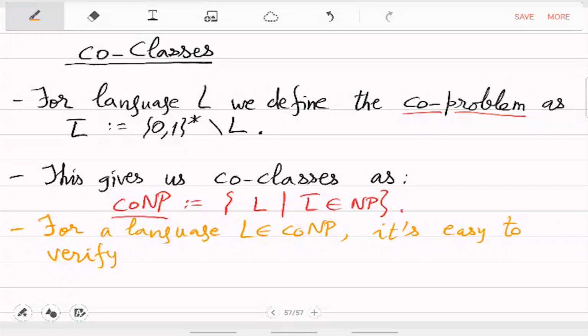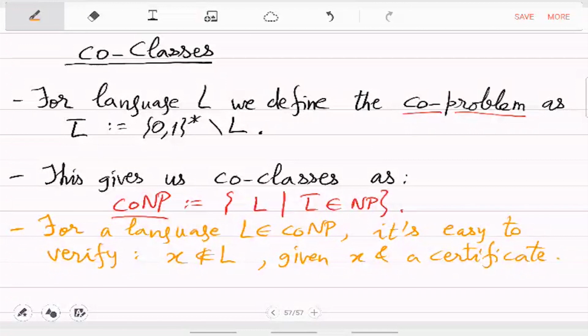Here it will be easy to verify whether our input is a no string given the certificate. So yes becomes no: X not in L, given X and a certificate.